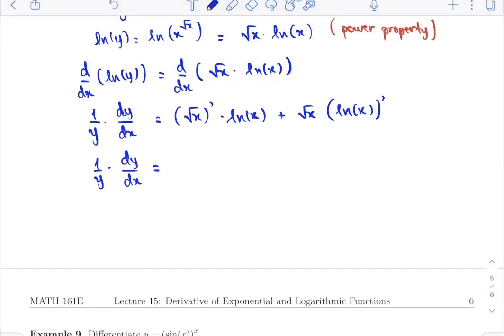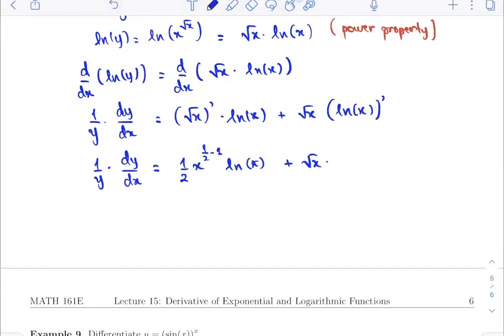For the right-hand side, for the derivative of square root of x, again you need to change square root of x into a power function, x to the power 1/2, and then take the derivative of x to the power 1/2. That is 1/2 times x to the 1/2 minus 1 times ln of x, plus square root of x times the derivative of ln of x.